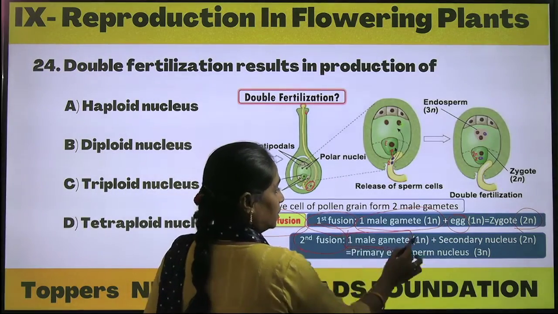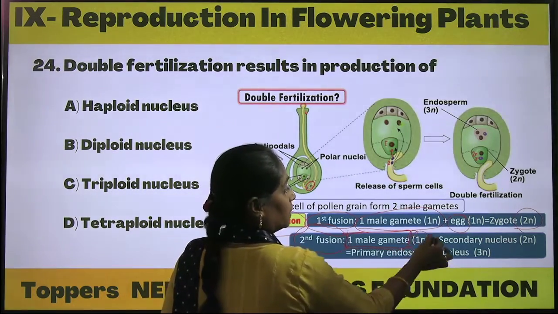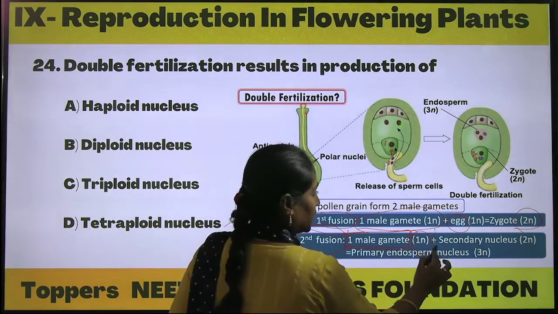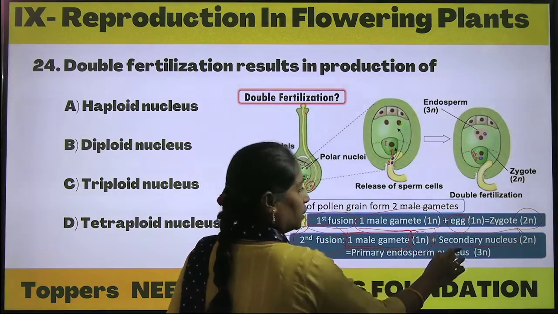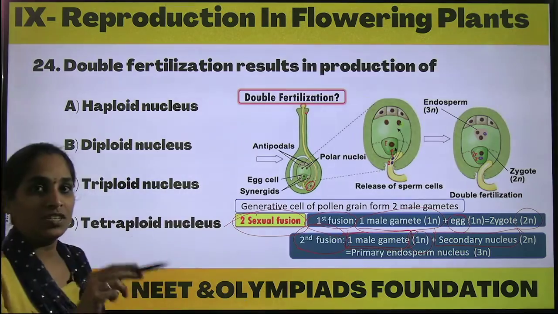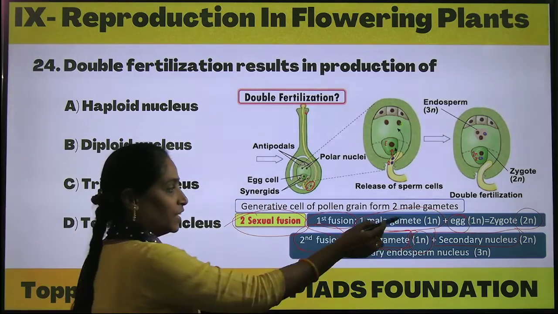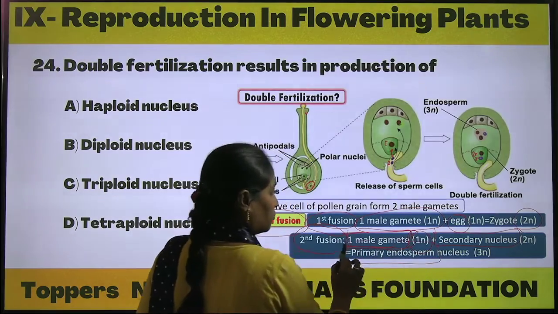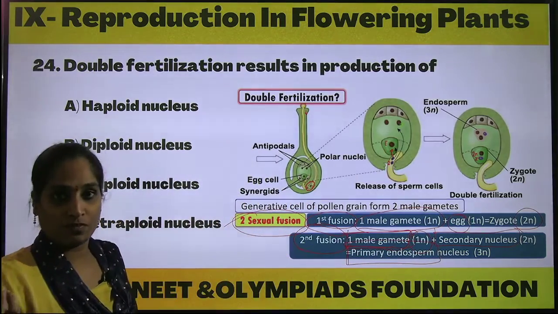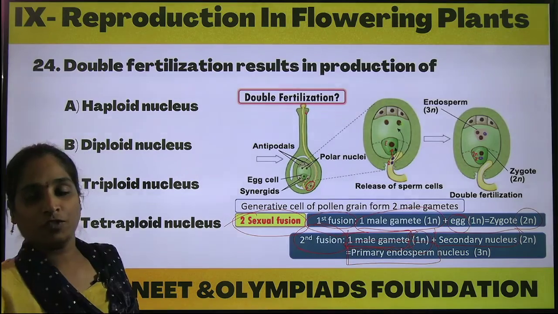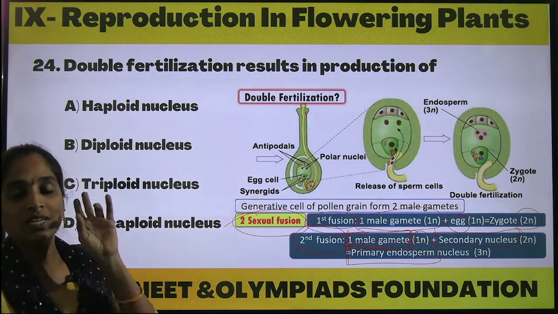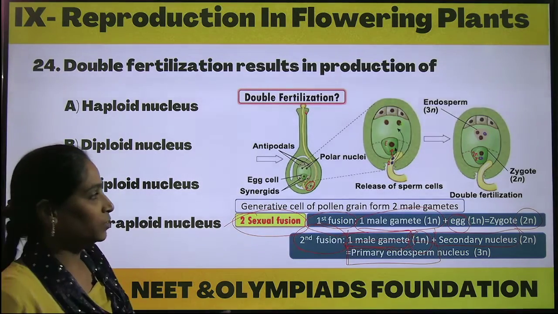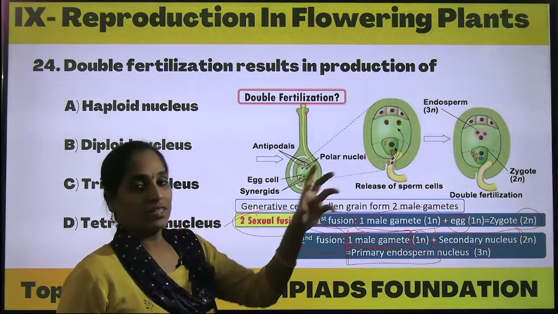The male gamete, haploid in structure, is fusing with the secondary nucleus. The secondary nucleus before the fertilization is considered diploid. And when does the primary endosperm form? Immediately after fertilization of the second sperm cell with the polar nuclei, nothing but the central cell.